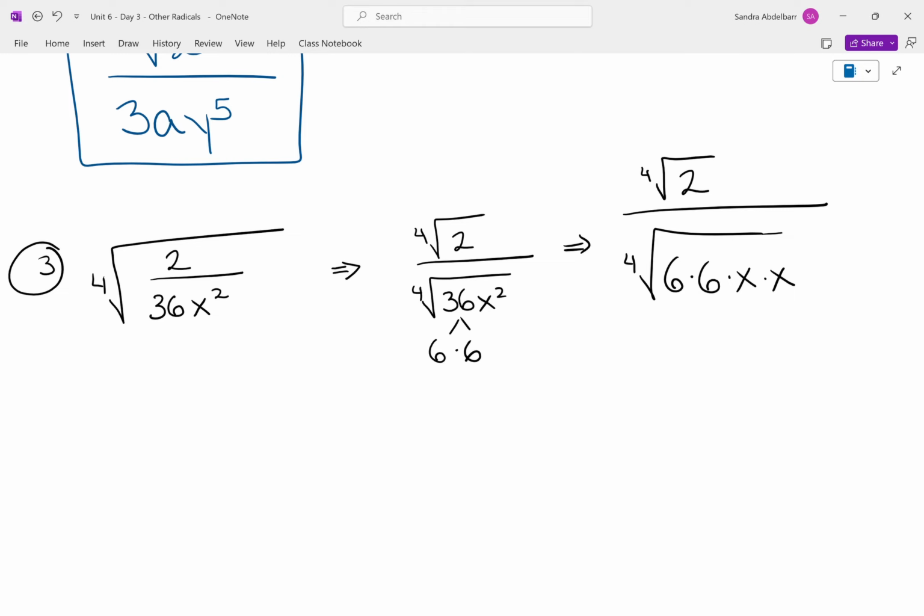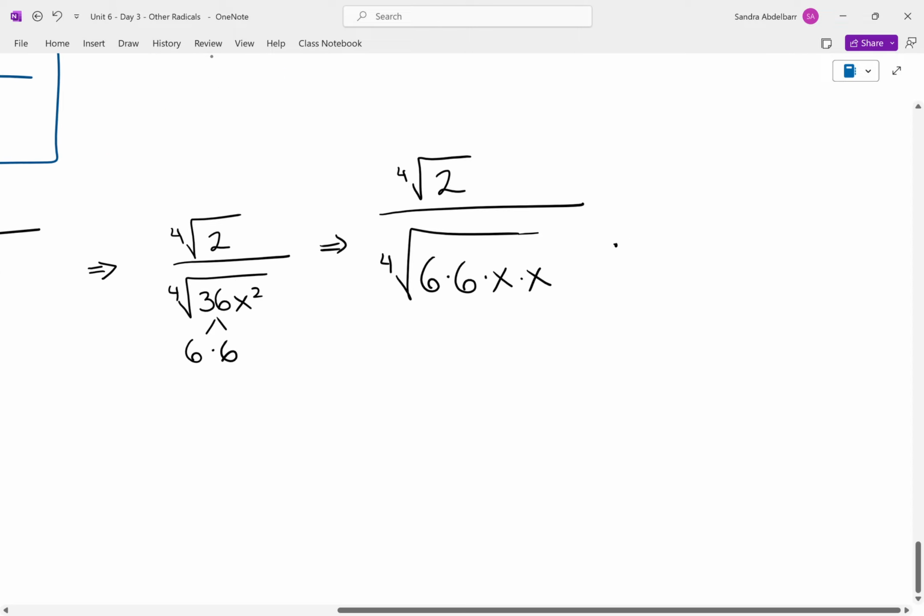So now I need 4 of the same. So instead of multiplying by 3 more 36s, I already have 2 6s. So I could just multiply by 2 more 6s. Isn't that a lot nicer to work with than 3 36s? So I have 2 6s and I have 2 x's.